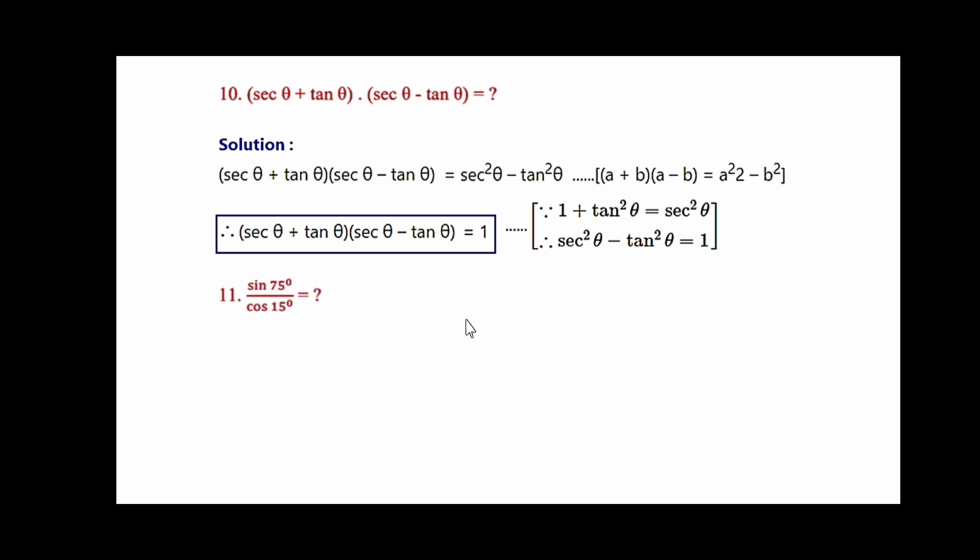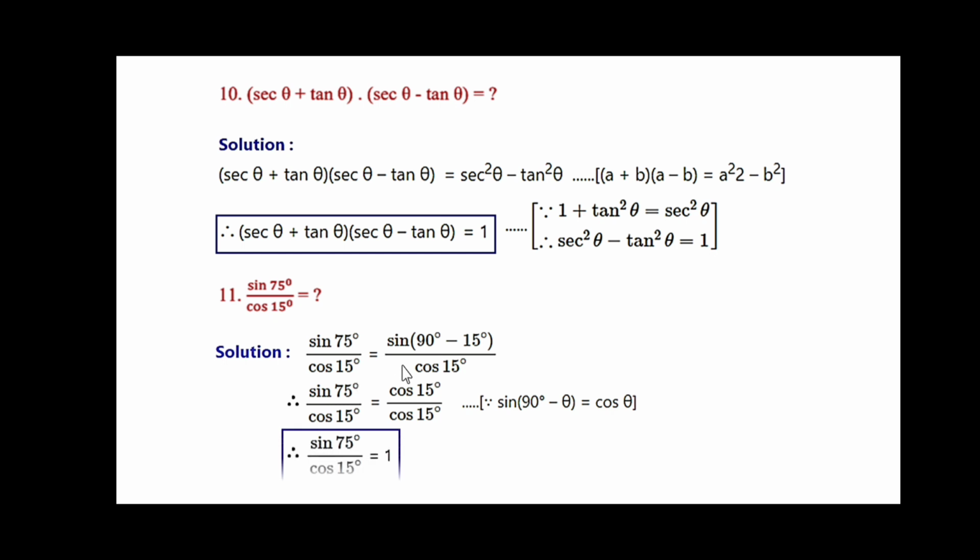And now the last problem, sine of 75 degree upon cos of 15 is equal to what? Friends, here we know that sine 75 upon cos 15, any one will change into its 90 minus 15 that way. This sine 75 can be written as sine of 90 minus 15.